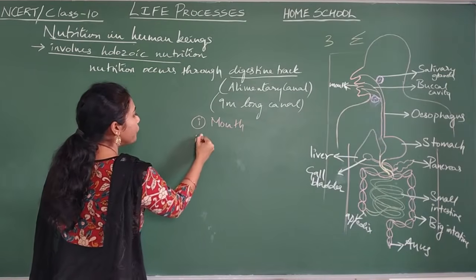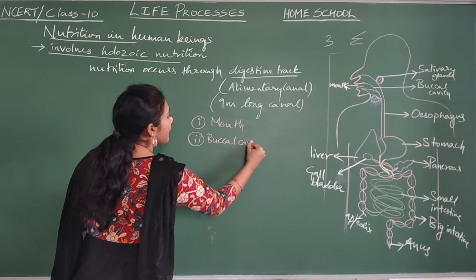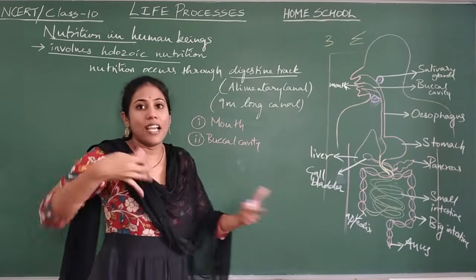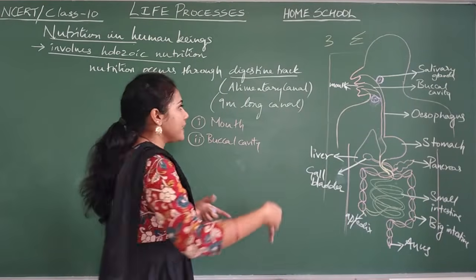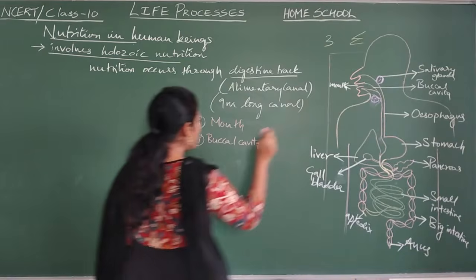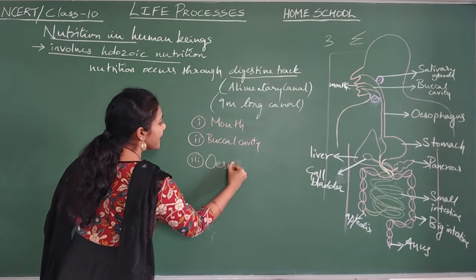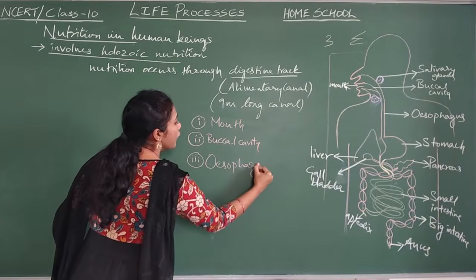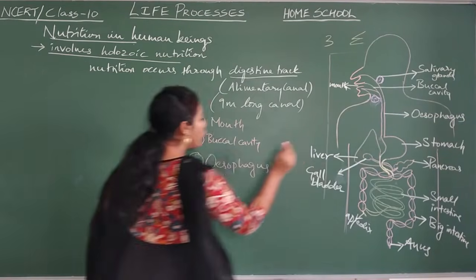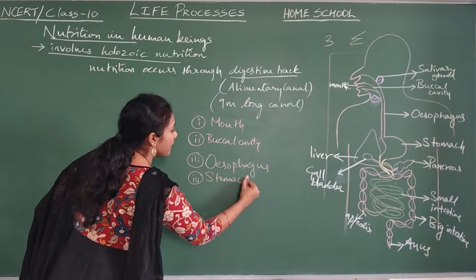After that, the food enters the buccal cavity, where teeth, tongue and saliva are there. From the buccal cavity, the food goes through the esophagus. From the esophagus, the food goes into the stomach.